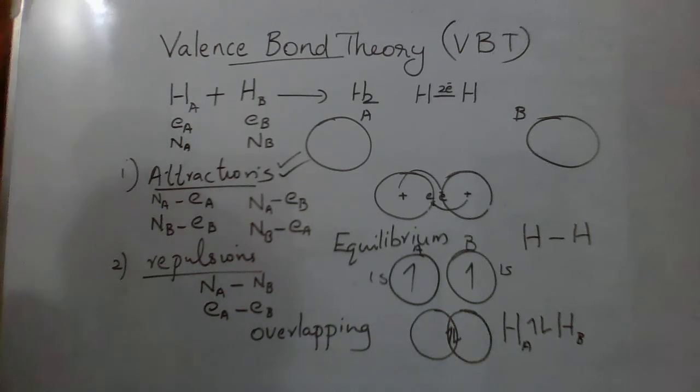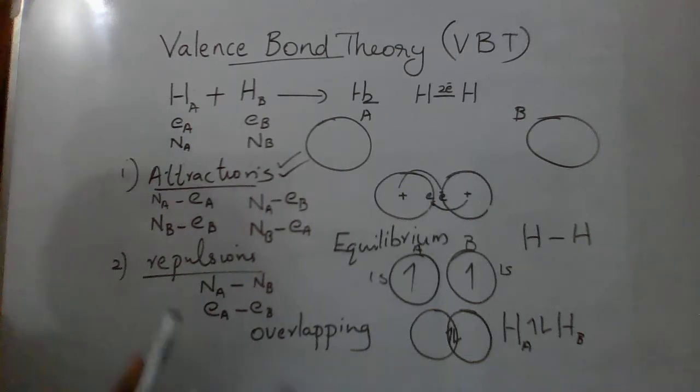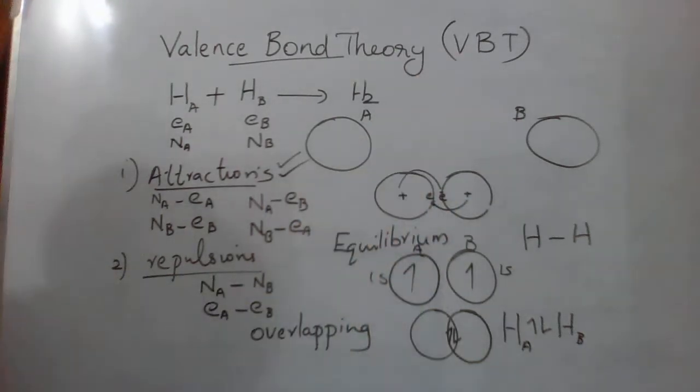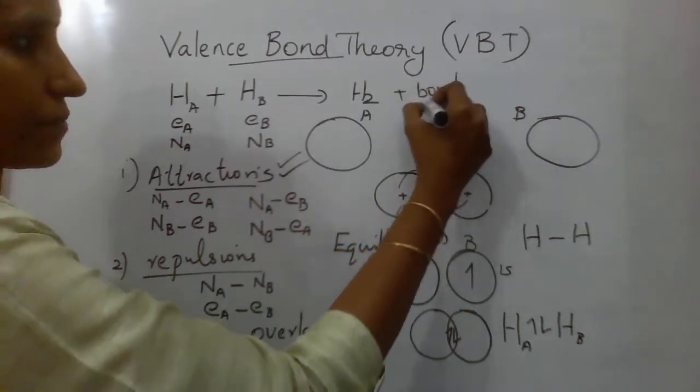When this overlapping happens, they lose a certain amount of energy. They attain a minimum energy state, losing their energy. That amount of energy lost when an H2 molecule is formed is called bond enthalpy.